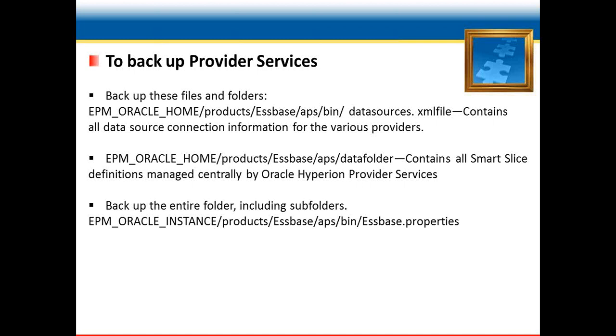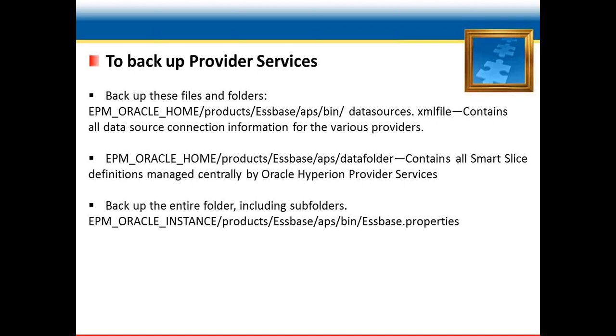And next, second, the directory under Oracle Home, products, Essbase and APS, under the data folder, which contains the smart slice definitions and is managed centrally by Oracle Hyperion Provider Services.